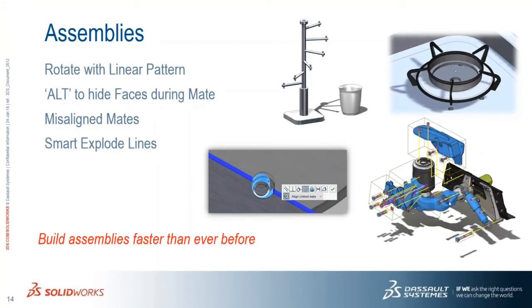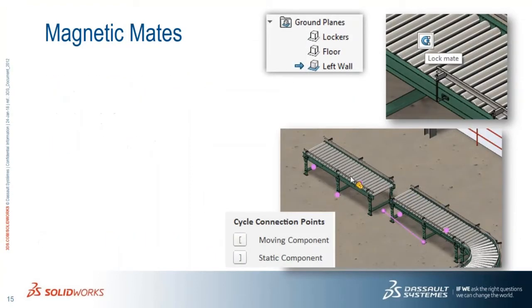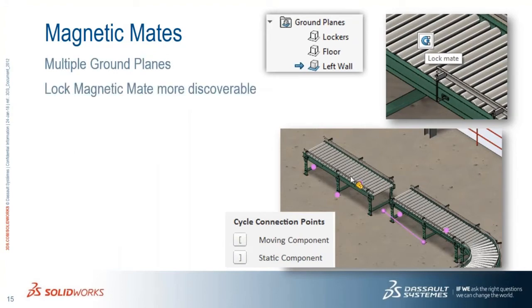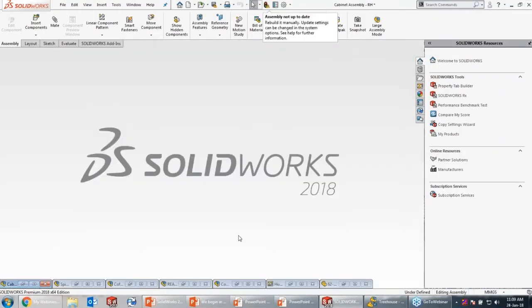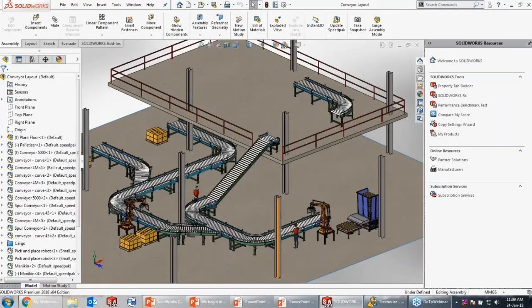Here you can see that there are two ground planes, and just by activating either of the two grounds, we can very easily activate either ground plane.